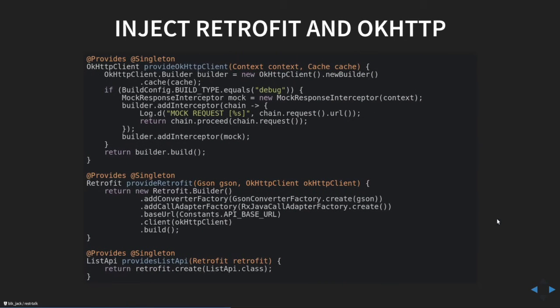And this is my dependency injection. Again, I'm not even going to go into Dagger2 or anything, but the idea is that we're generating an interface for our list API there. And it's instantiating Retrofit, which is instantiating an OkHttp client, which, if you look right there, if the build type is debug, it adds this interceptor.